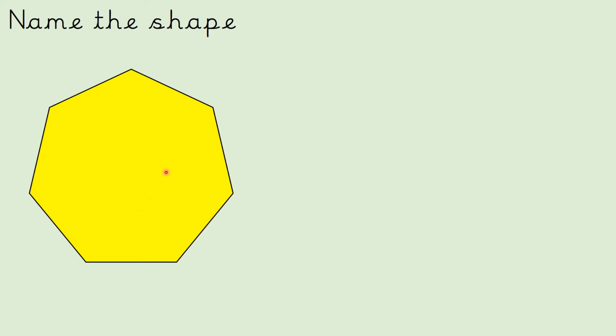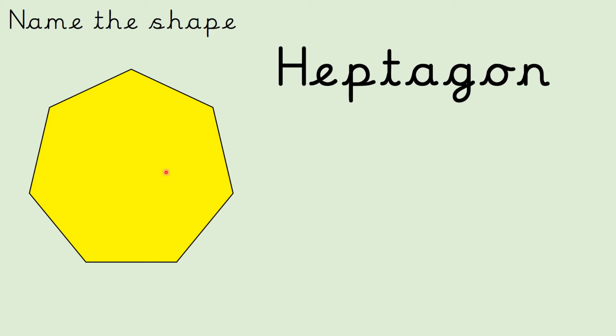What shape is this? Let's have a look. This is a heptagon. Do you remember we talked about heptagons the other day? What did we talk about that was a heptagon? You're right, a 50p piece is a heptagon and a 20p piece.